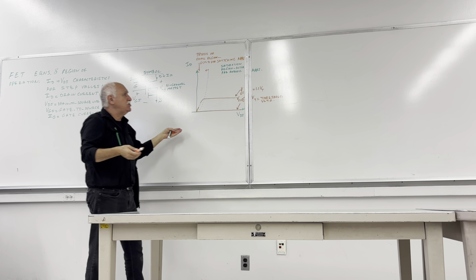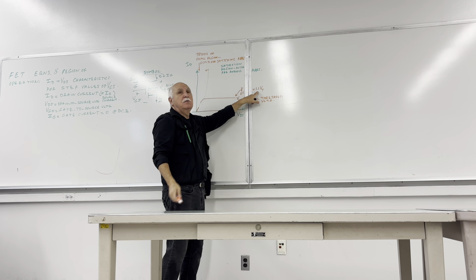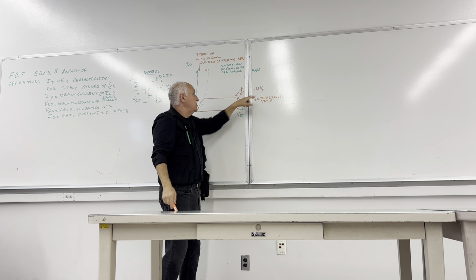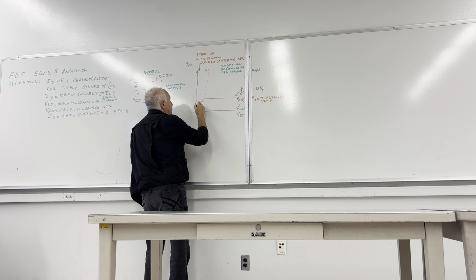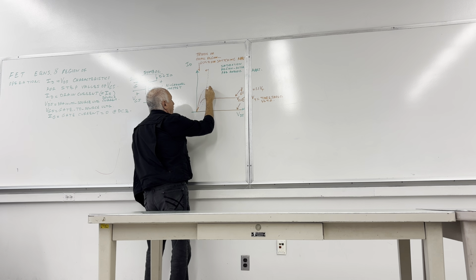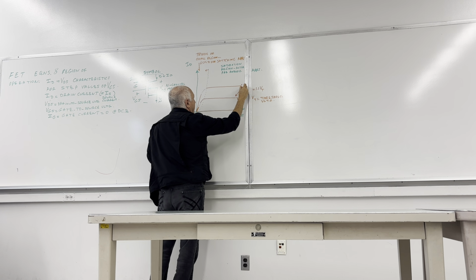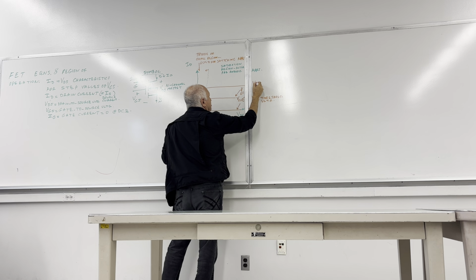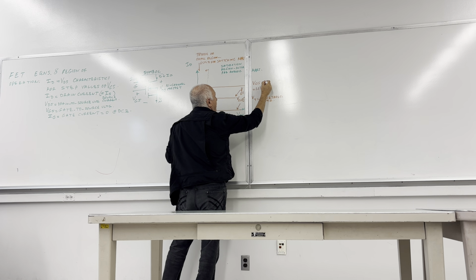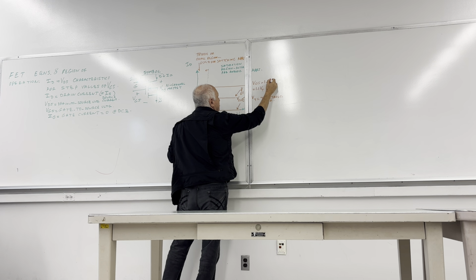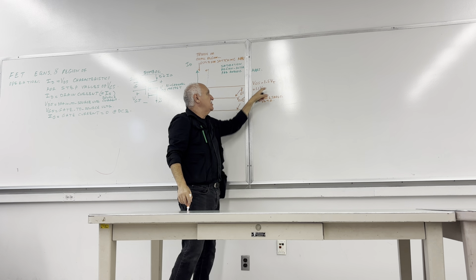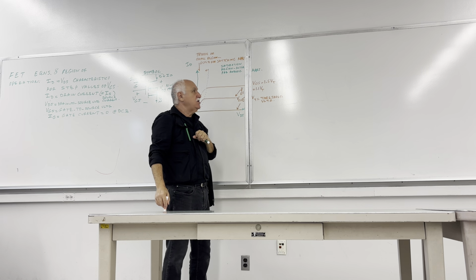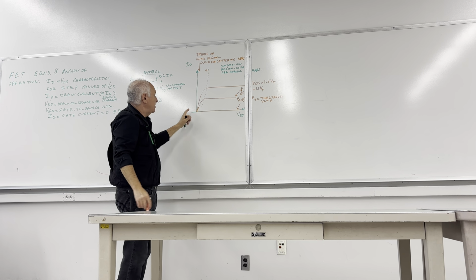If you increase VGS to multiple times of the VT, for example to 1.5 times VT, 50% more than VT, while this is 10% more than VT, the same thing will happen.